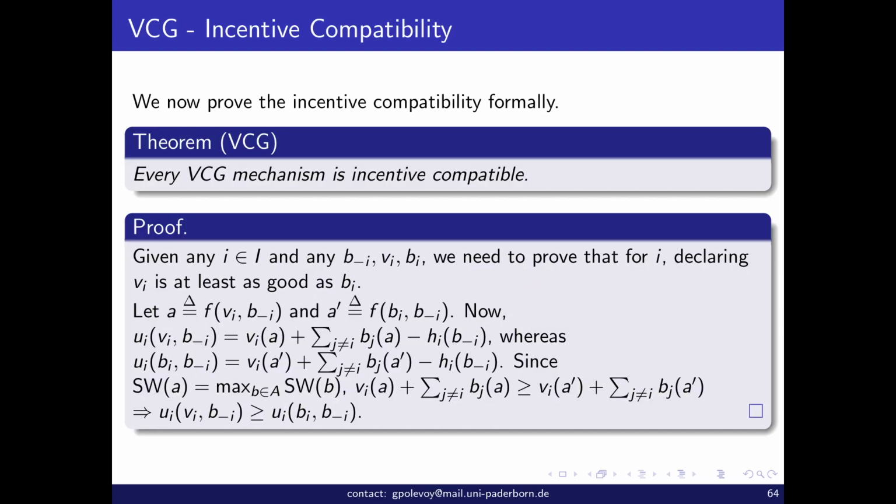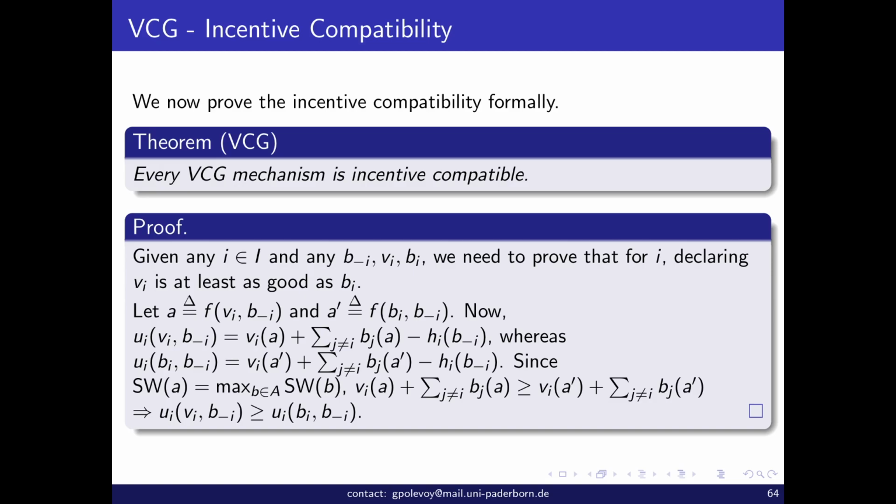Now let's formally prove that. The theorem by Vickrey, Clarke, Groves, this is called VCG, is that every VCG mechanism is incentive compatible. And the proof is as follows. Given any player, basically now I've just proven it, but let's write it in formulas.